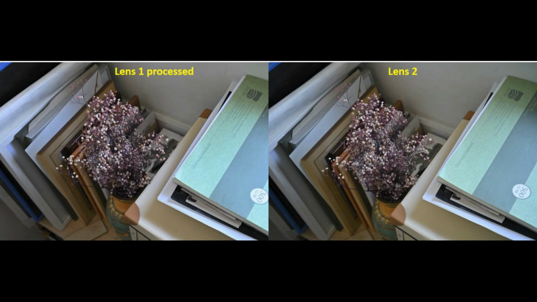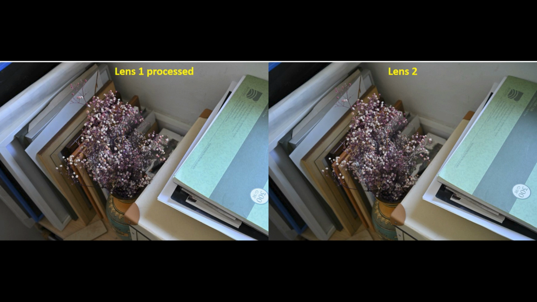Comparing it to the original image taken with lens 2, which was the Falkland 40mm lens, the images are surprisingly similar. And remember, I did not change anything in the white balance or color balance.